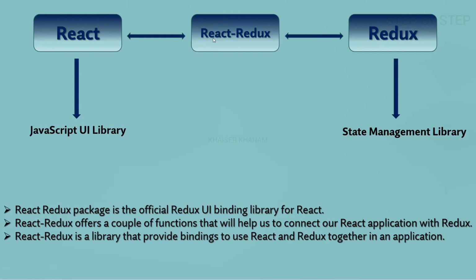It is the state management library. And the React Redux package is used to combine both so that our application can use both React and Redux together. So this is all about the React Redux package. Once we start implementing practically, you will have more understanding of this package.